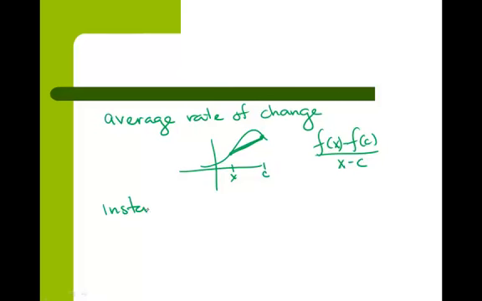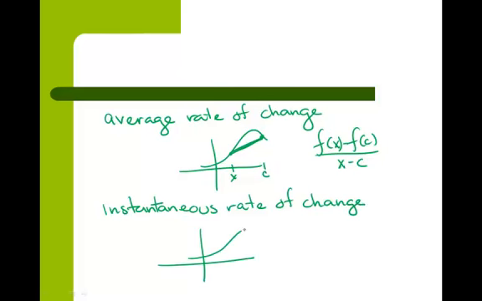The instantaneous rate of change is the rate of change at a particular point in the graph.